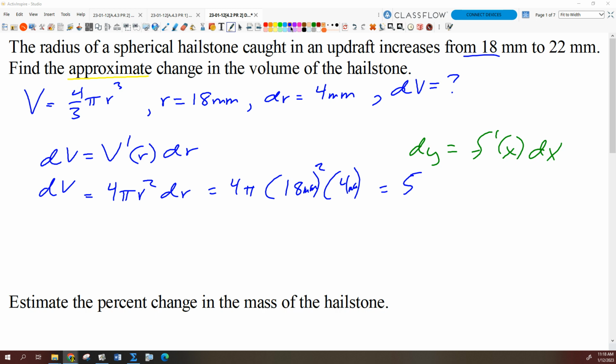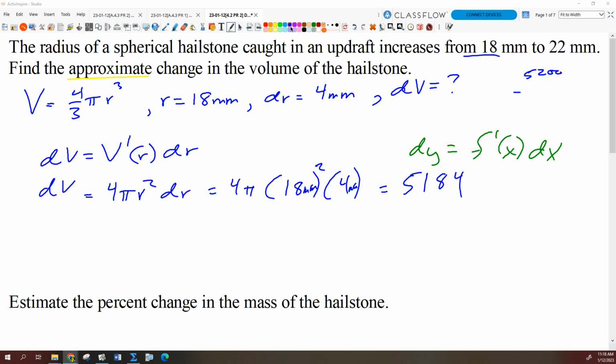I'm probably not going to get this right. It's just going to be 5200 minus 16, so 5184, I guess, is what we'd get.